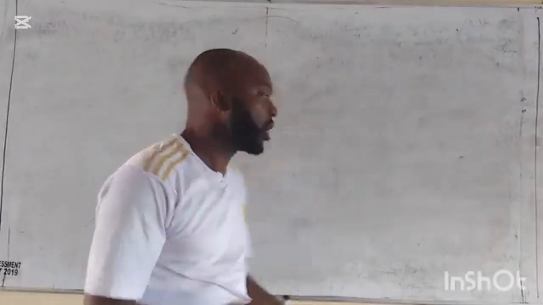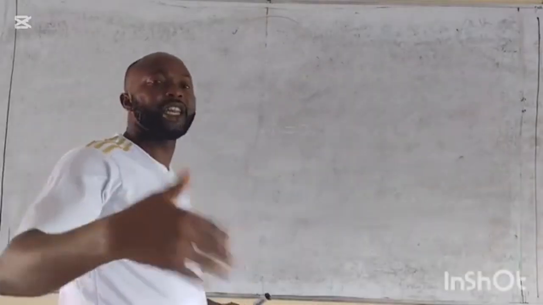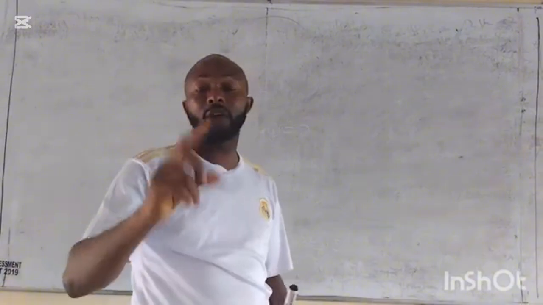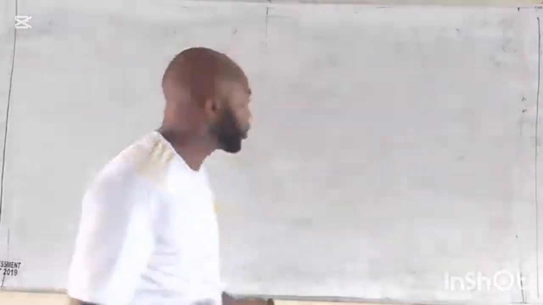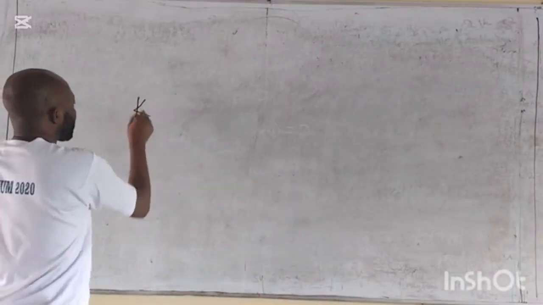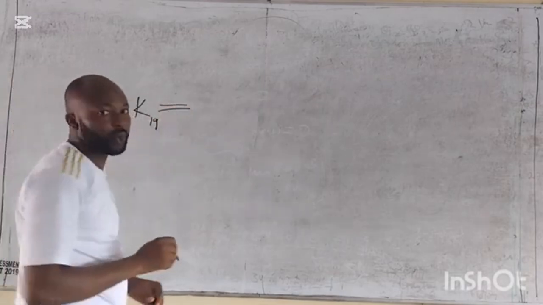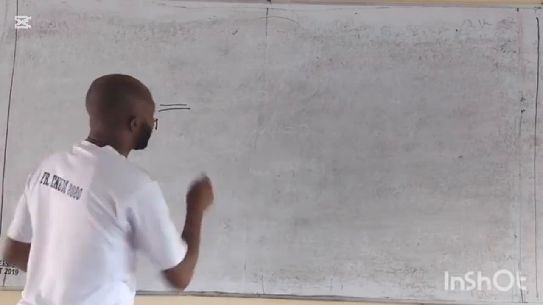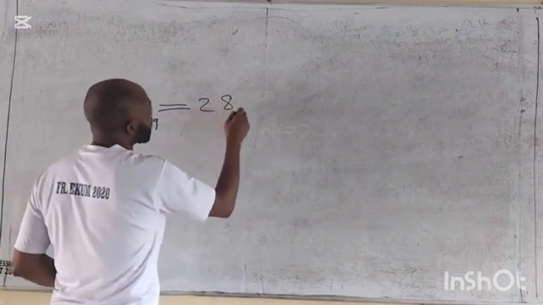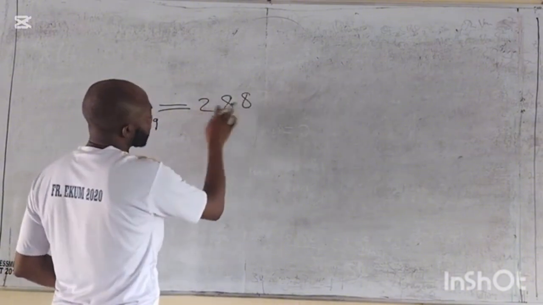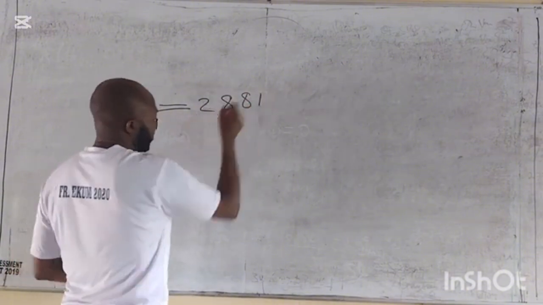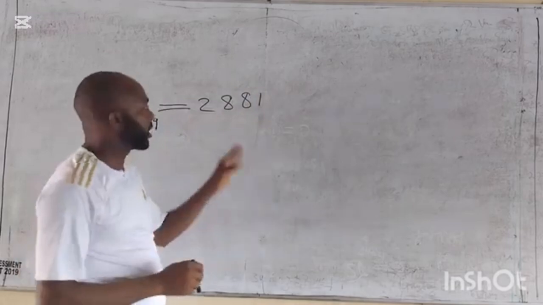Then we go. Potassium has an atomic number of 19. We go to our electronic configuration process, the old method, which is 2, 8, 8, plus 1, which will give us our 19.